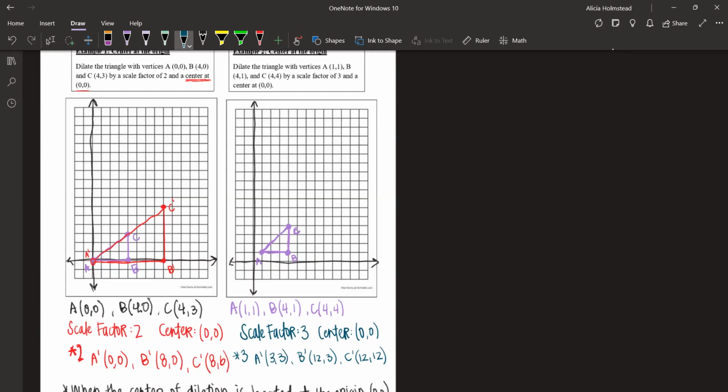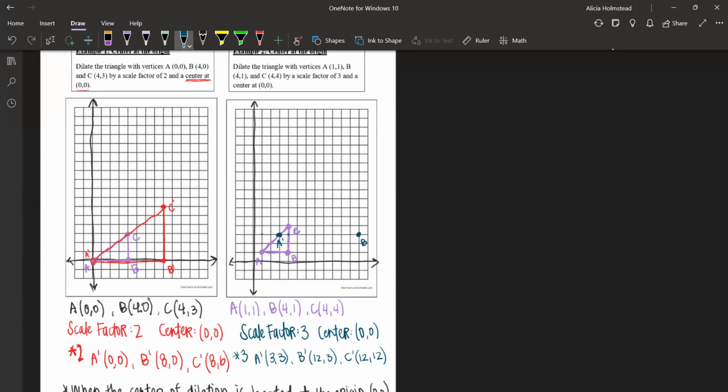Okay, so if we put those on our graph, A is going to be at 3, 3. So 1, 2, 3. 1, 2, 3. Right here is A prime. 12, 3. So 3, 4, 5, 6, 7, 8, 9, 10, 11, 12.